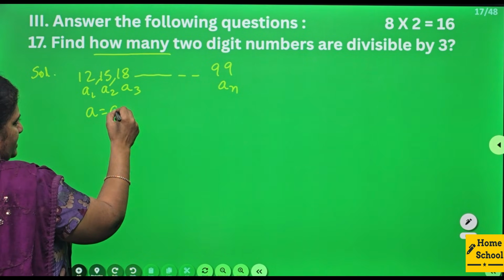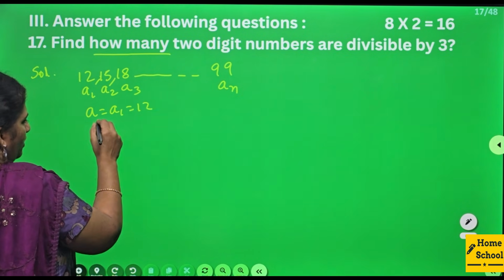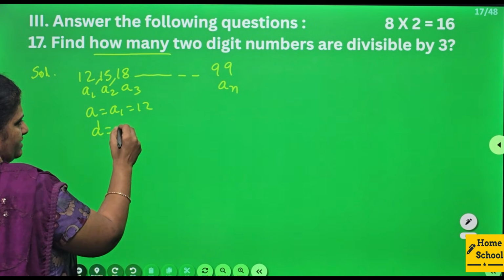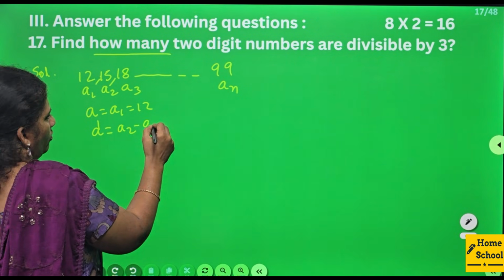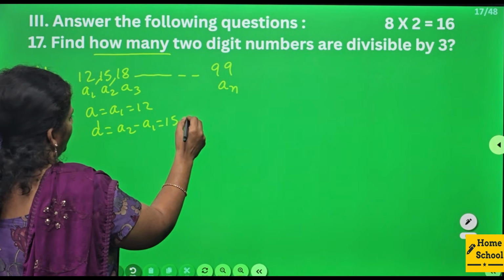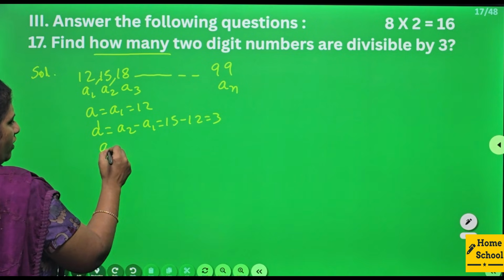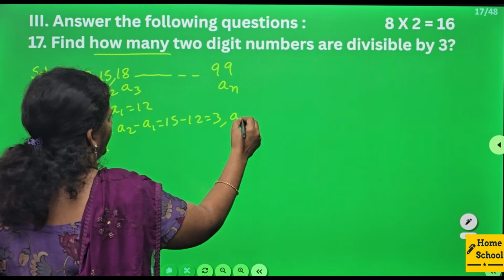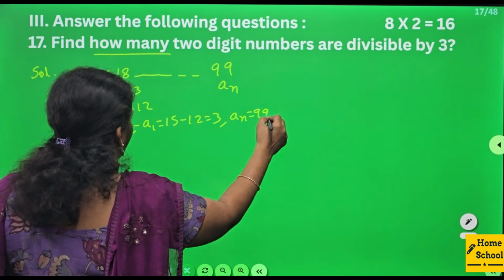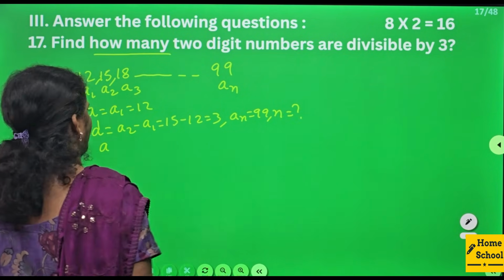A is the first term, that is 12. Common difference D is equal to A2 minus A1, that is 15 minus 12 is equal to 3. We know the formula, and here AN is equal to 99, N is equal to question mark.